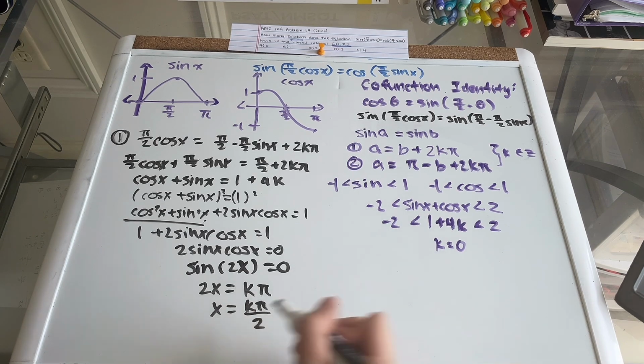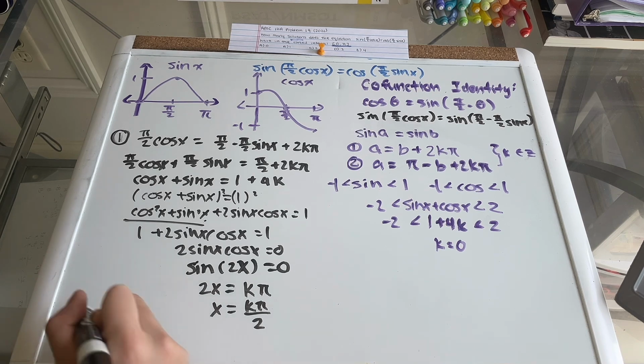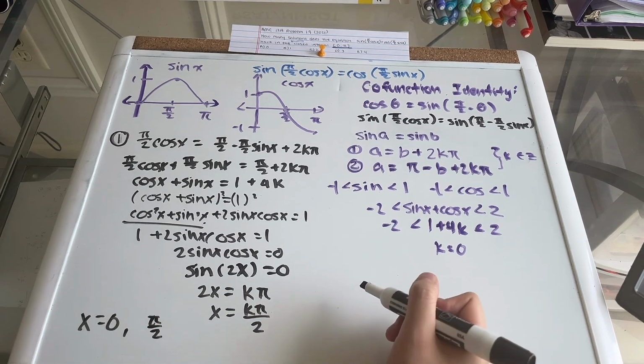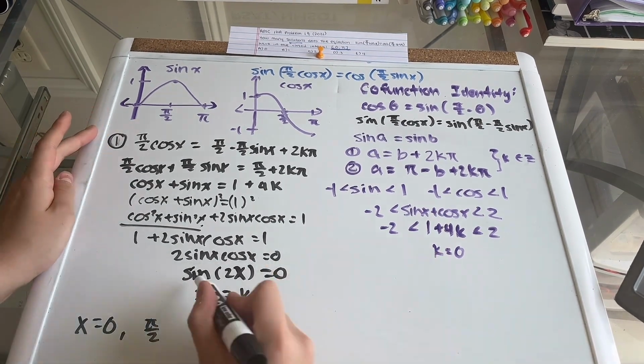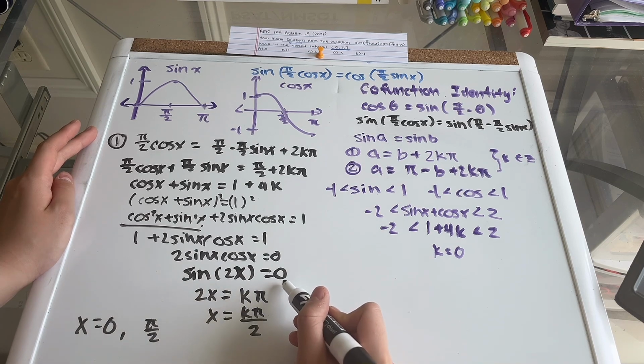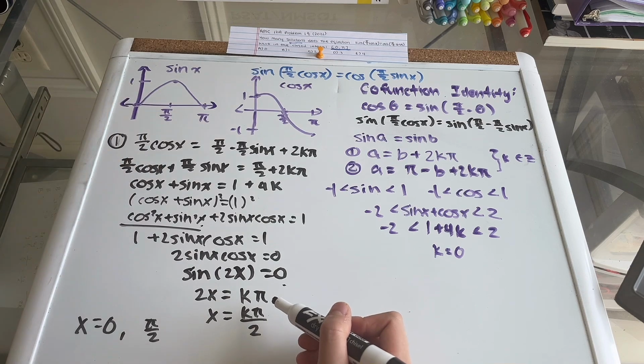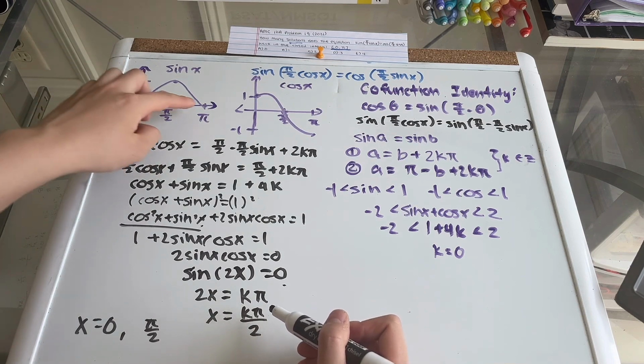Possible values for x where this is satisfied is that x can either equal 0 or pi over 2. Why is this? Going back to this part right here, sine of 2x has to equal 0. And in this closed interval, 0 to pi, the only places where it can equal 0 are either 0 or pi.